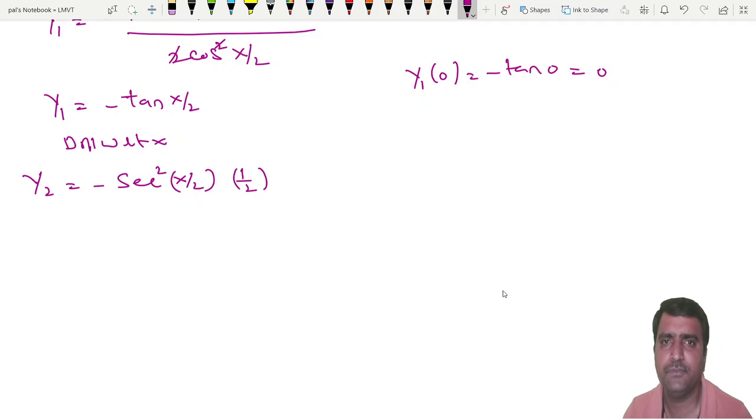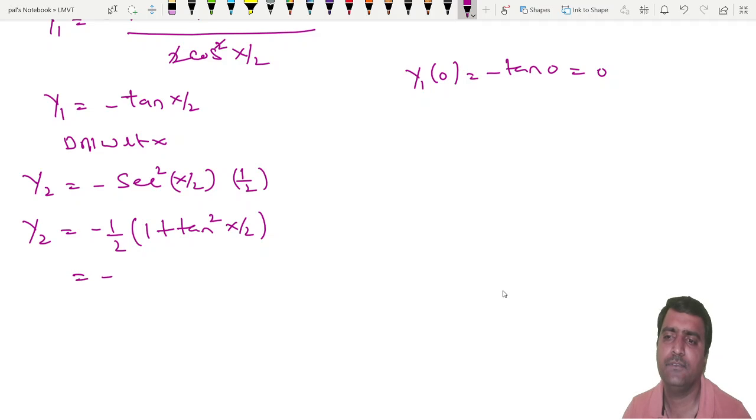But let us follow a slightly different way here for y2. Secant square theta can be written as 1 plus tan square theta. So secant square x by 2 can be written as 1 plus tan square x by 2.